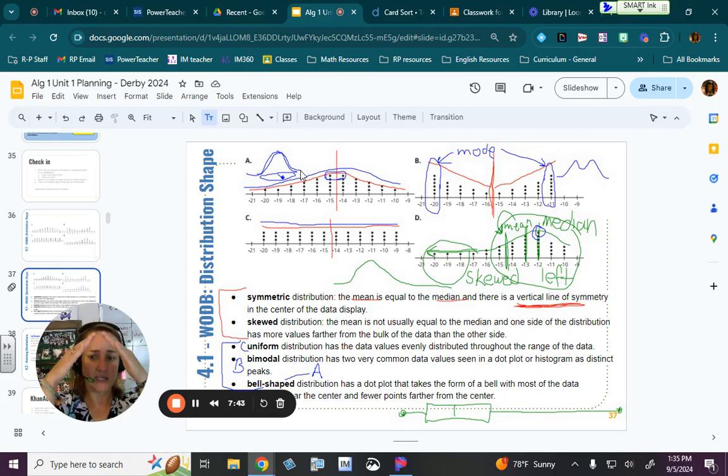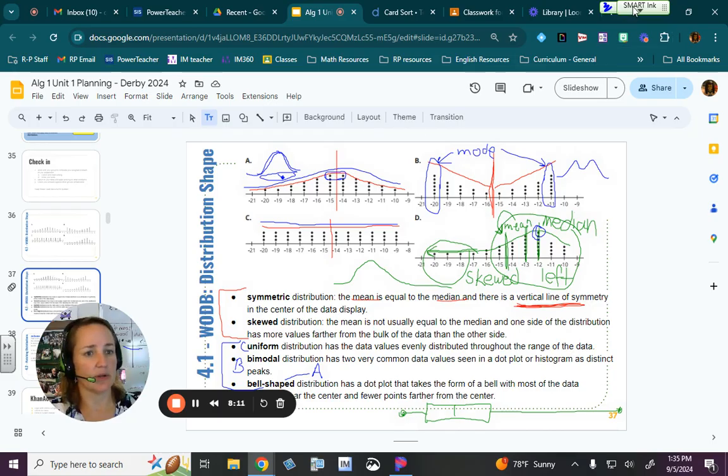It's got one peak in the middle of the graph, and everything else is smoothly falling down the sides. So bell-shaped takes the form of a bell. Looking pretty good. Those are the words that we're going to look at to describe these kinds of things. We're going to use words that are symmetric or skewed. That's going to tell us what kind of data we want to use to describe it. And then we have uniform, bimodal, and bell.